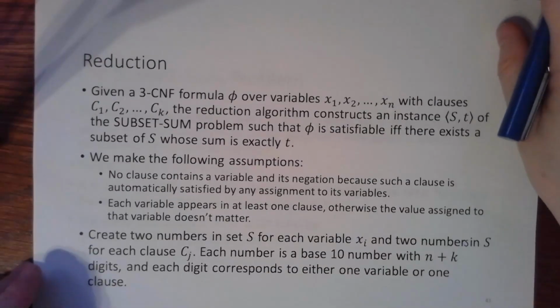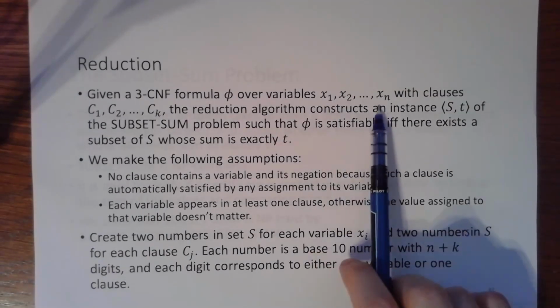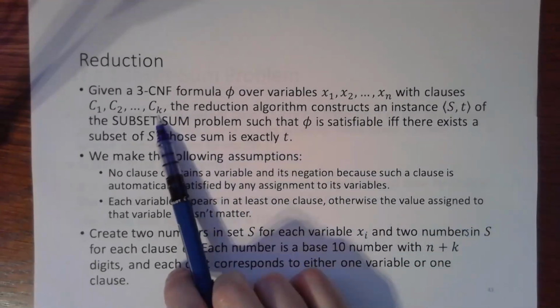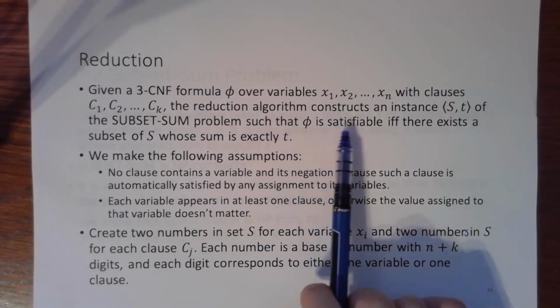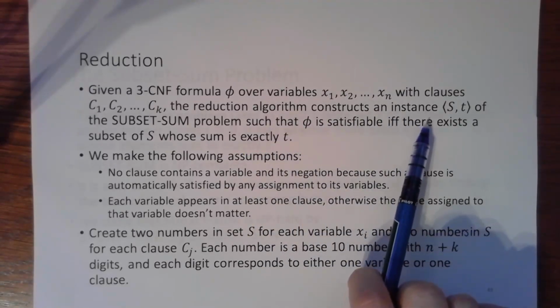All right, so let's look at the reduction. We have a 3CNF formula, and it's going to include n different variables and k different clauses. So we're going to look at a reduction algorithm that constructs an instance of the subset sum problem.